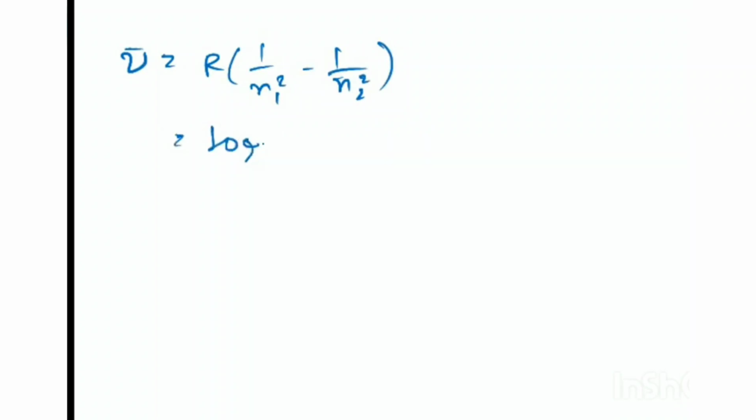So first, write the equation once again. Mu, that is wave number, equal to r into 1 by n1 square minus 1 by n2 square. This r is called Rydberg's constant, and its value is approximately 109677.